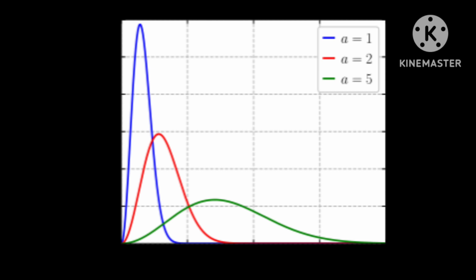Actually this is called a distribution curve, because in the beginning the fraction was less, it increased to the maximum like 60%.